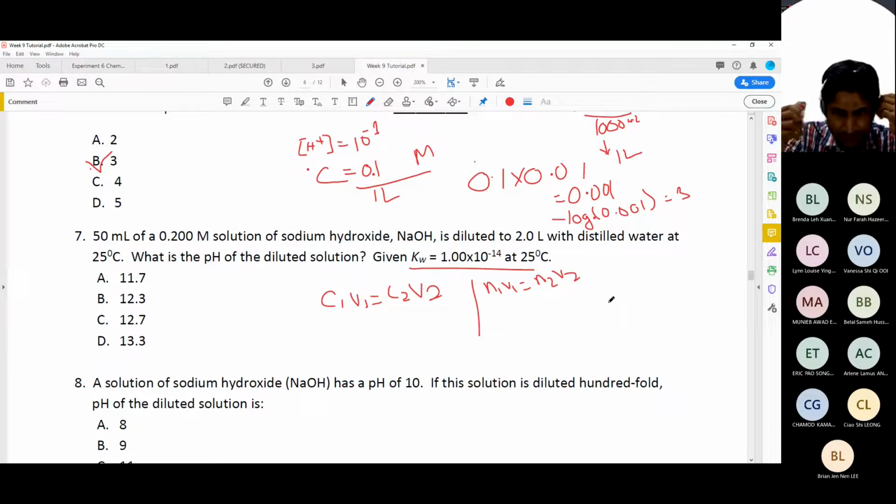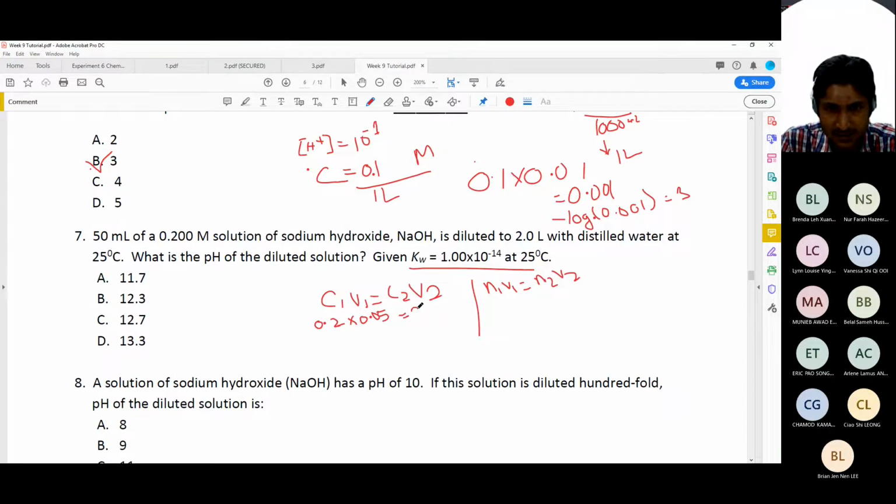From there, we use the concentration of sodium hydroxide, 0.2 molar, and 50 milliliter means 0.05 liter. So let me just write it. Concentration is 0.2 times 0.05.